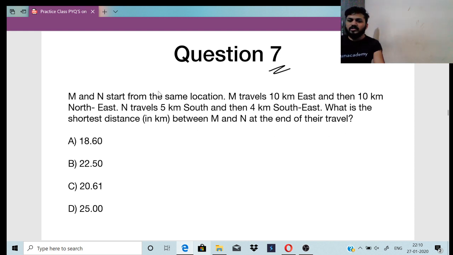So they both start from the same location. He travels east and then northeast. He travels south, then southeast. So what is the shortest distance between M and N? Here are your 4 options. Give me the right one.